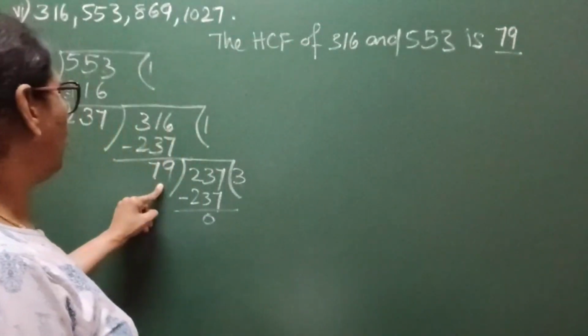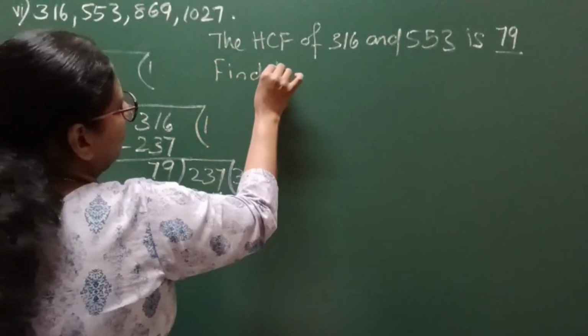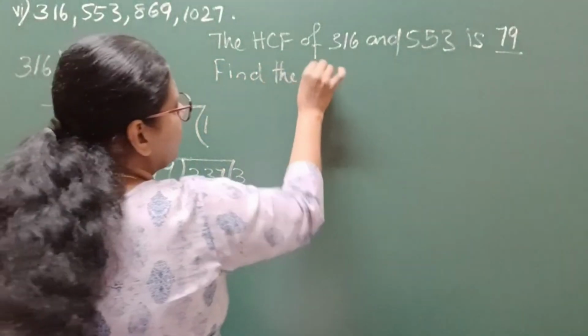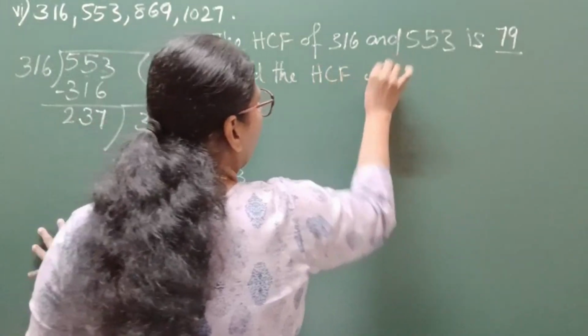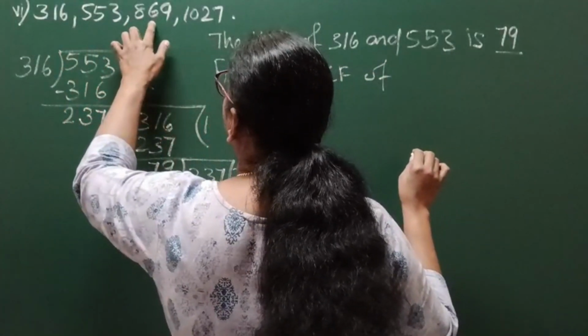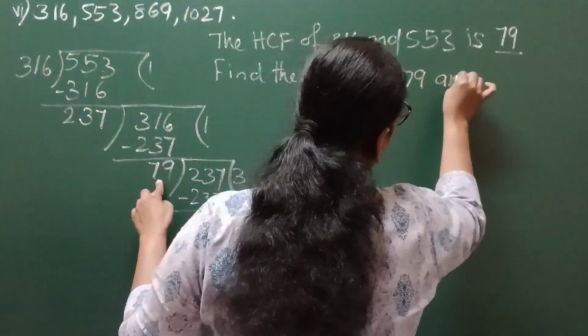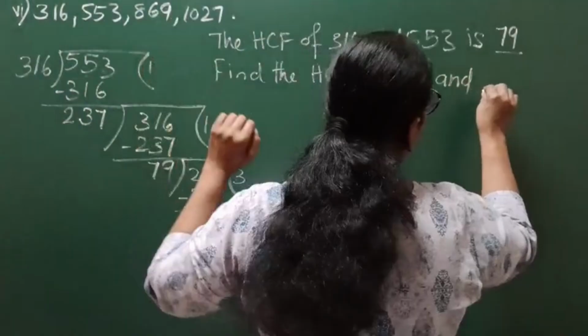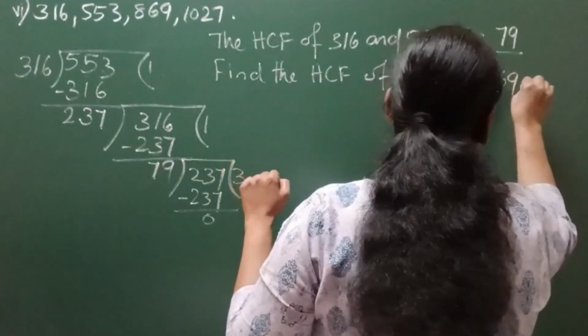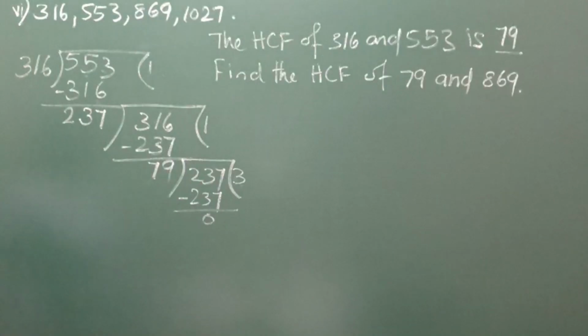Now what we have to do is find the HCF of 869 and 79. 79 and 869. Of course 869 is the greater number.